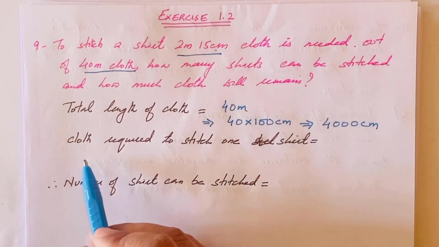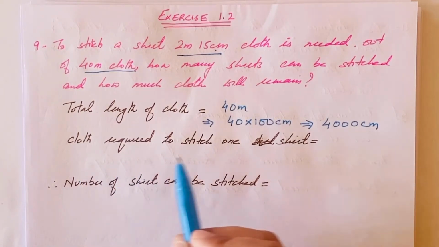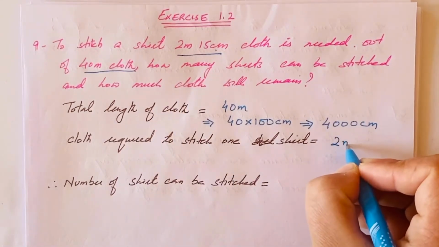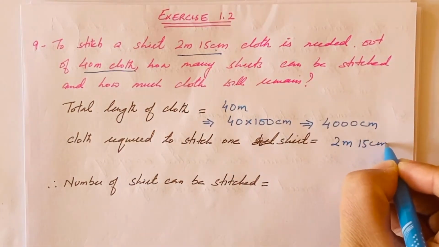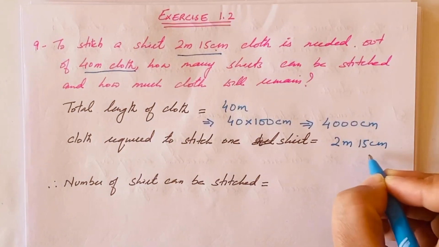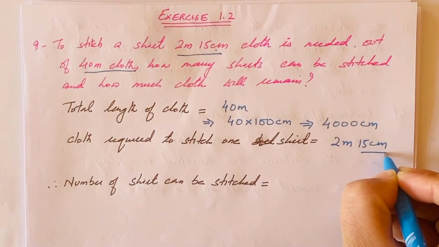Next, the cloth required to stitch one shirt is 2 meter 15 centimeter. Here also you have to convert it into centimeter. The 15 is already in centimeter, so you don't need to convert it.